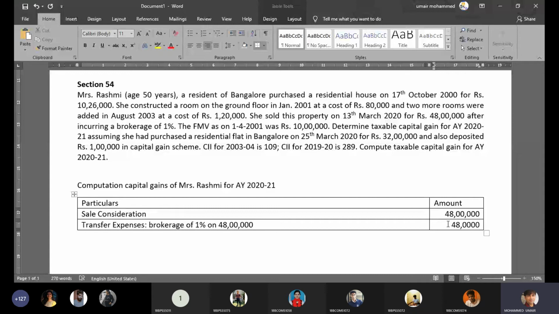Now, the next sentence says that after selling this house property on 25th March 2020, she has bought a new house for 32 lakhs and she has also made a deposit in the capital gain scheme.